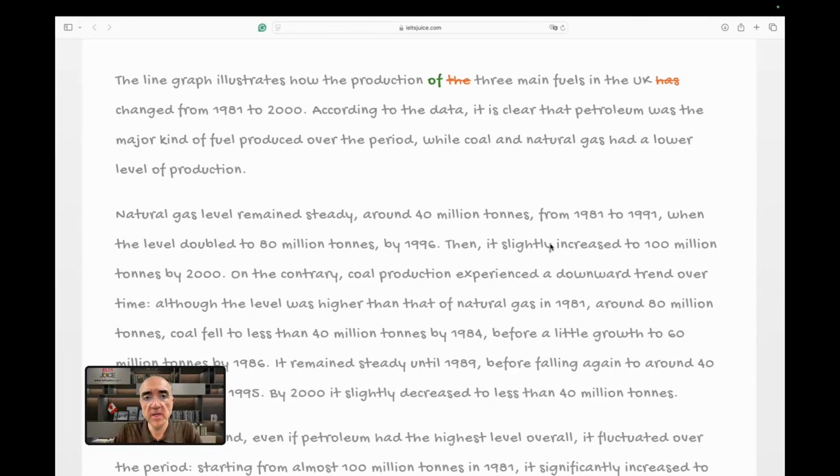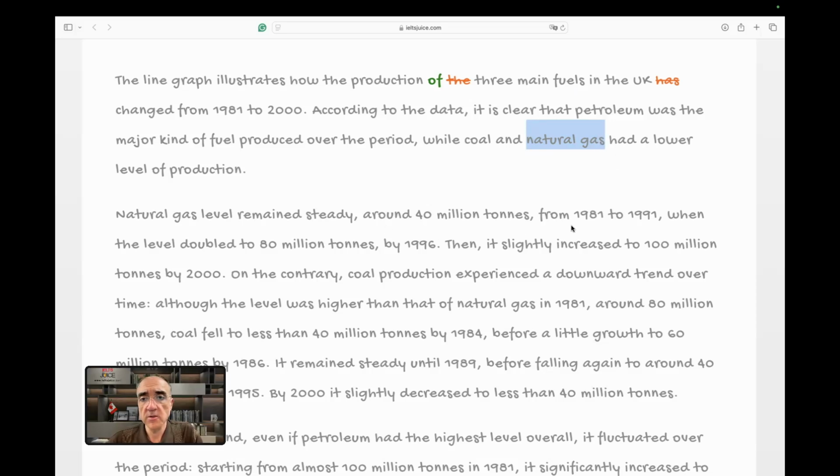This is not going to be a very good way of reporting, because now I'm a bit confused. We were supposed to talk about petroleum first because this was the major one. But we are now talking about natural gas.